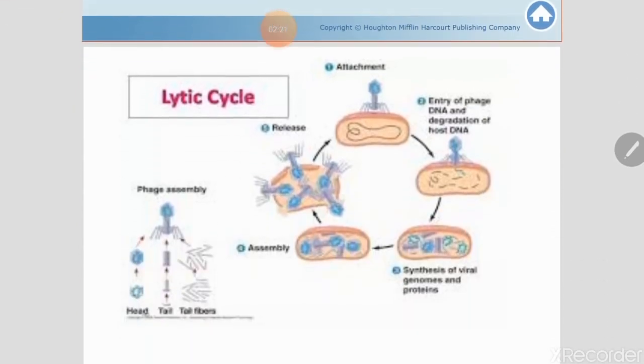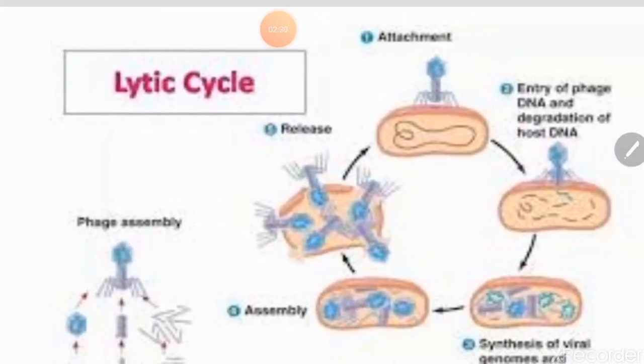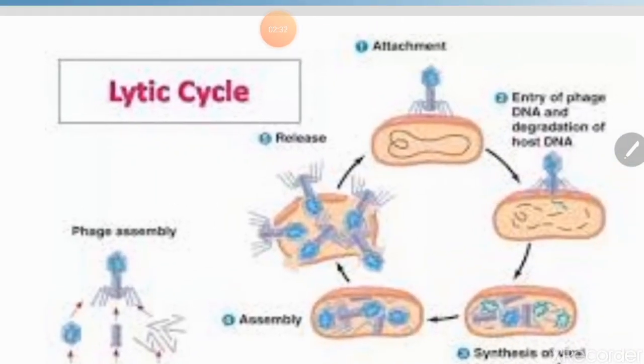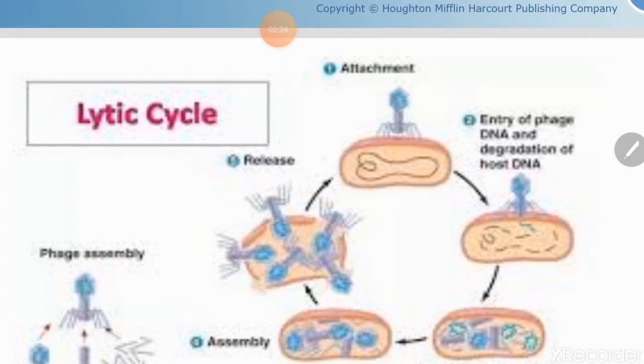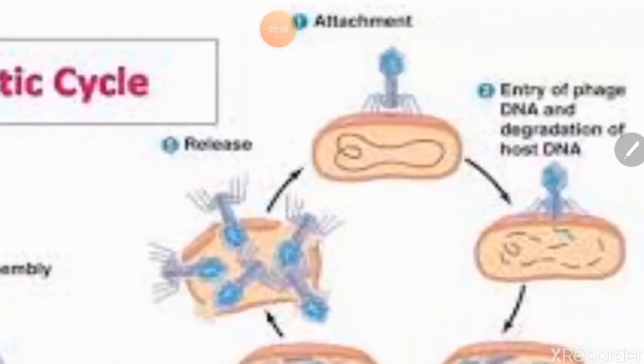If you remember, last year you studied something like that, which was the lytic cycle. Here we can see a bacteriophage, a type of virus that invades bacteria. This is a bacterium, a bacteria cell.